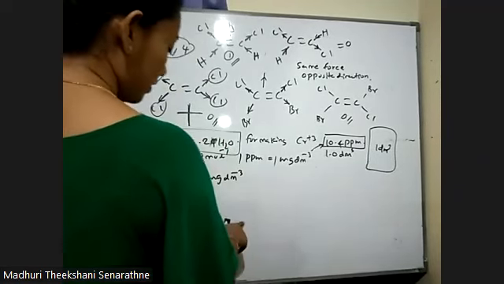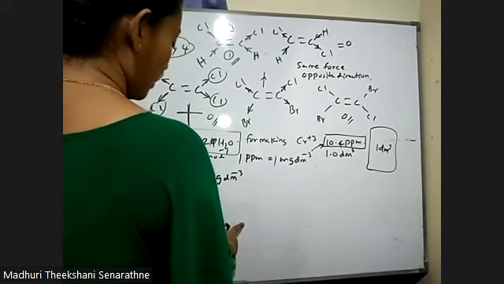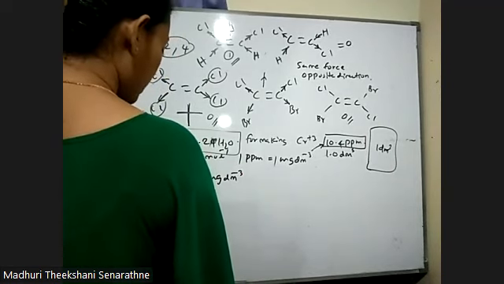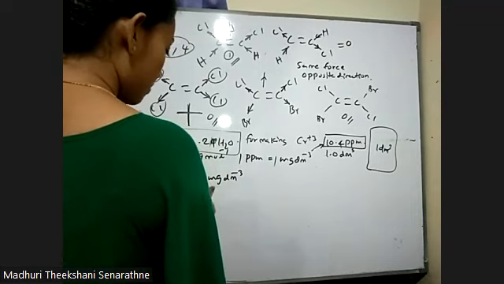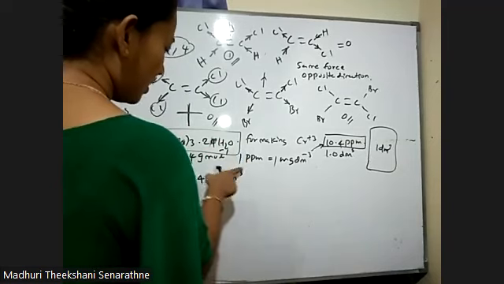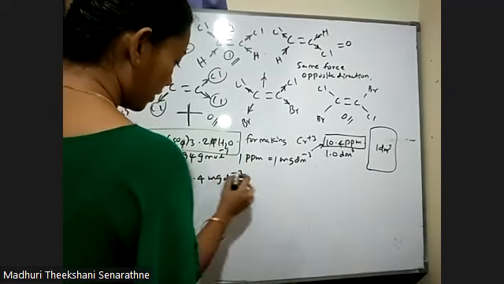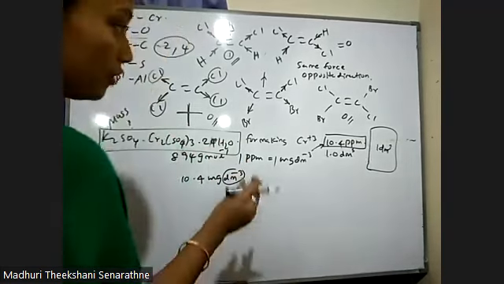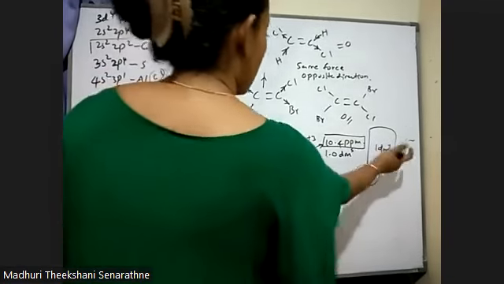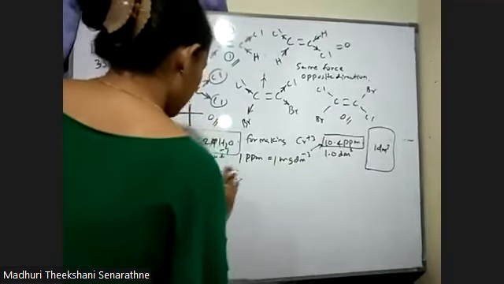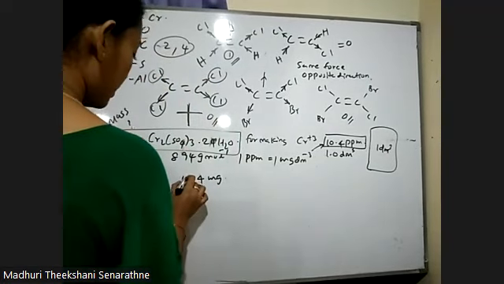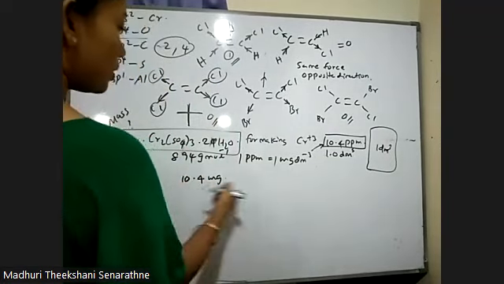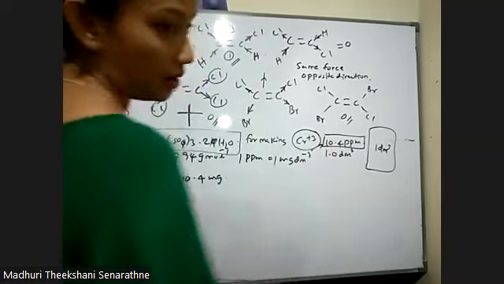We are dealing with grams, so we have to convert this mass from mg into grams. We can ignore the concentration because we are thinking about 1 cubic decimeter volume. So we have to make a 10.4 milligram chromium 3+ sample.